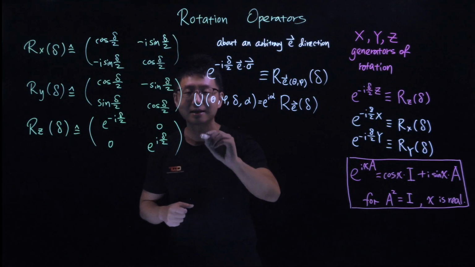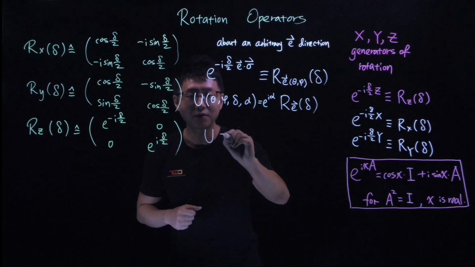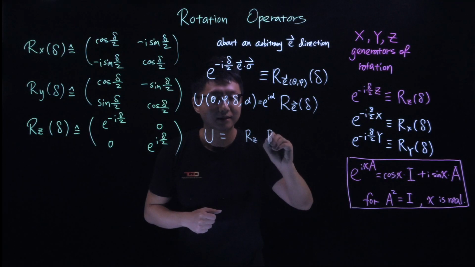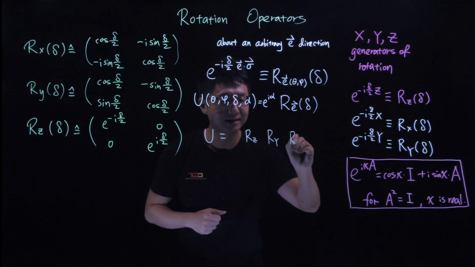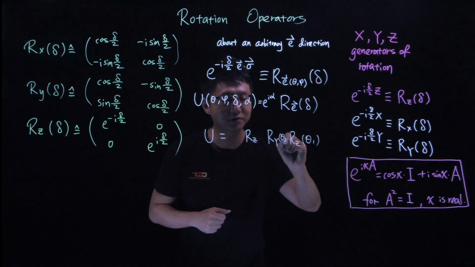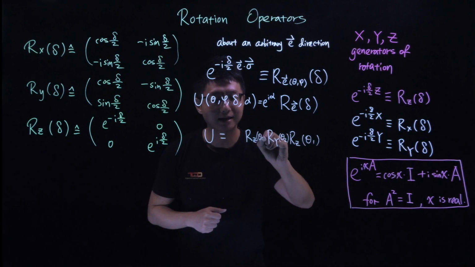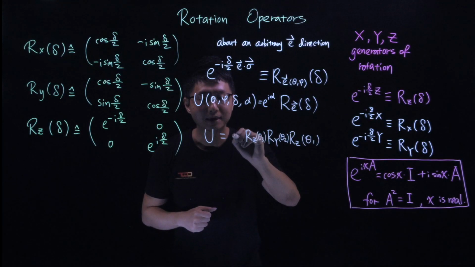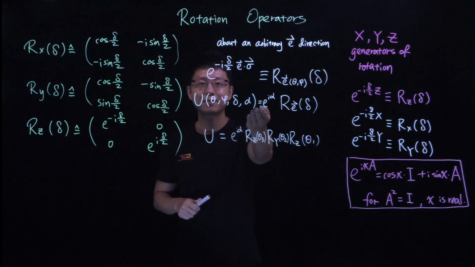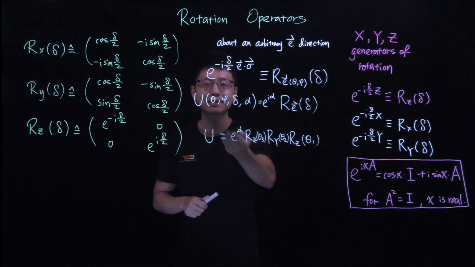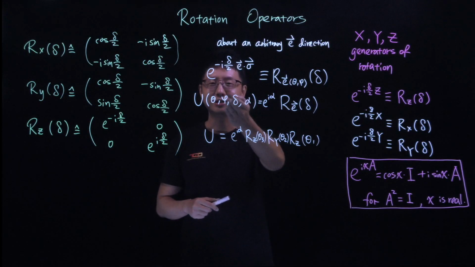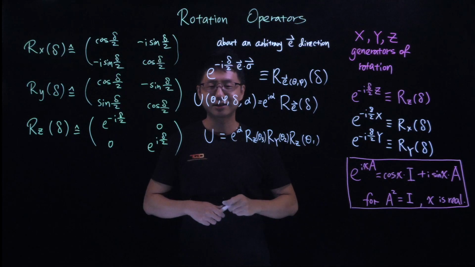So in particular, this unitary operator can always be decomposed as rotations around the z-axis, the y-axis, and the z-axis by an angle of theta 1 first around the z-axis, angle of theta 2 around the y-axis, and another angle theta 3 around the z-axis, with a global phase factor in front. So here we have 4 parameters, and here we also have 4 parameters. It is left as an exercise for the readers to verify that these two expressions for the unitary operators are actually equivalent.